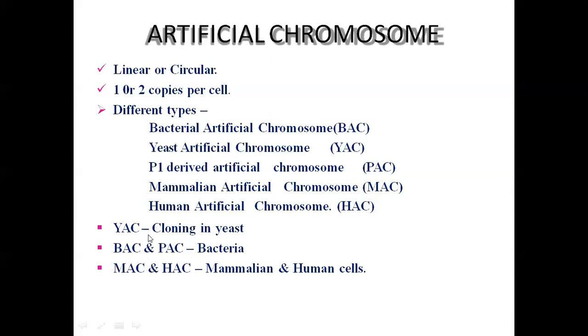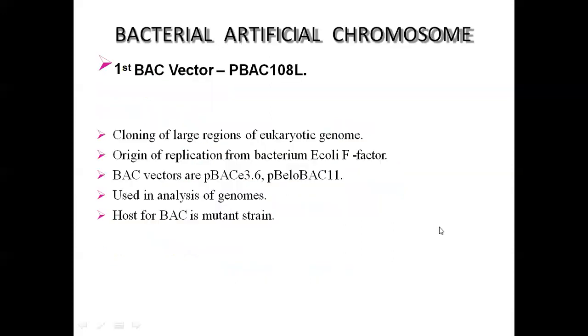YAC is in yeast, Saccharomyces cerevisiae. BAC or PAC is in bacterial cells, and MAC and HAC are in mammalian and human cells. So these are the examples.